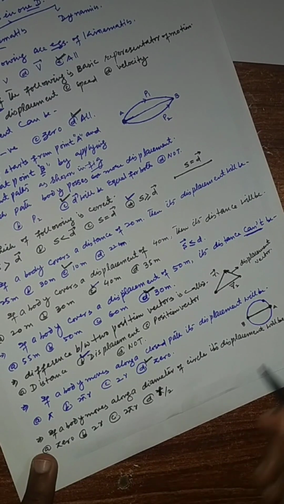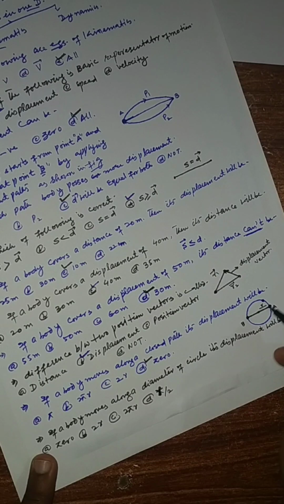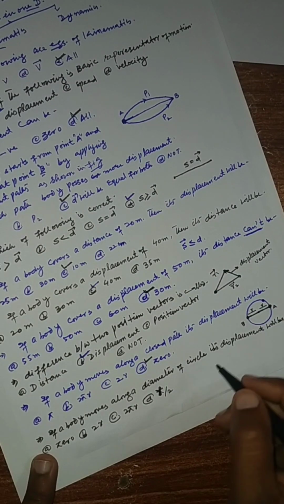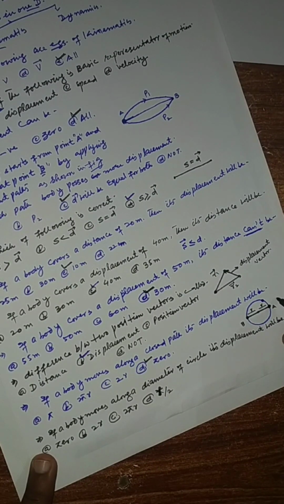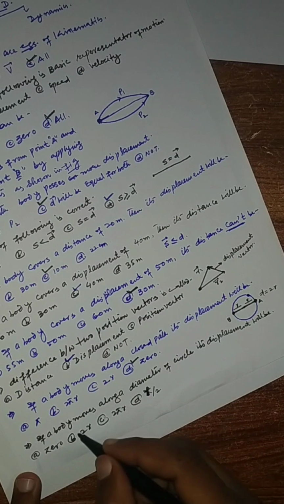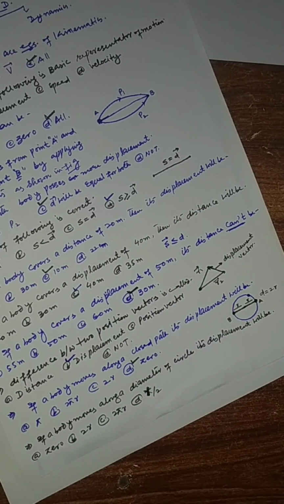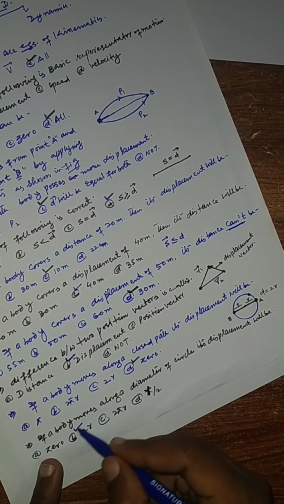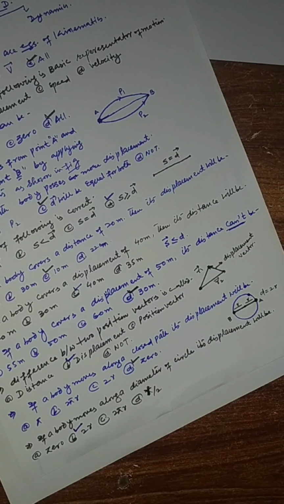Then the correct answer will be this. If this is the center, from this to this is r, and from this to this is r. From A to B is the diameter, and diameter equals twice r. So the correct answer will be 2r. If a body moves along a diameter, it will cover a displacement of 2r.